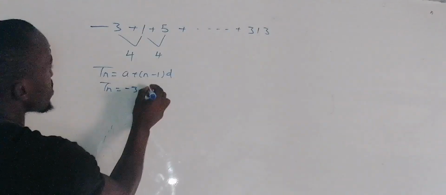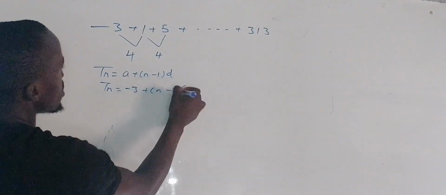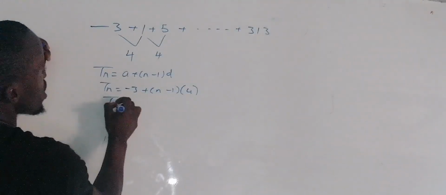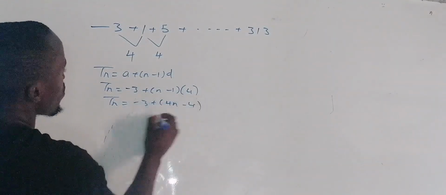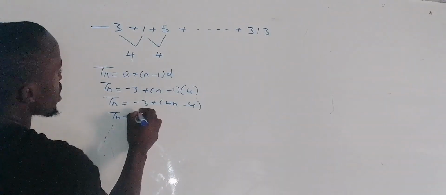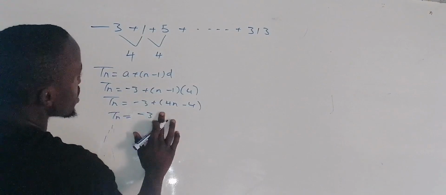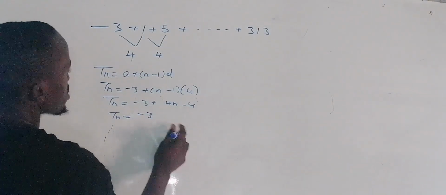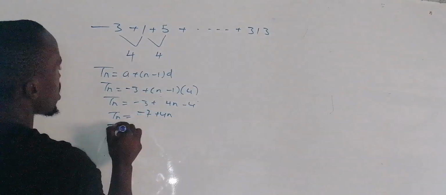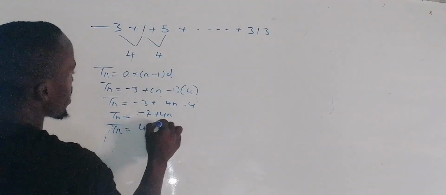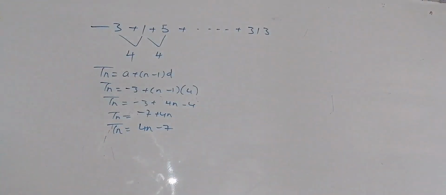A is negative 3, n minus 1, then d is 4. Therefore Tn becomes negative 3 plus 4n minus 4. Therefore Tn is negative 3 minus 4, which is negative 7 plus 4n. You can write it like this: 4n minus 7.